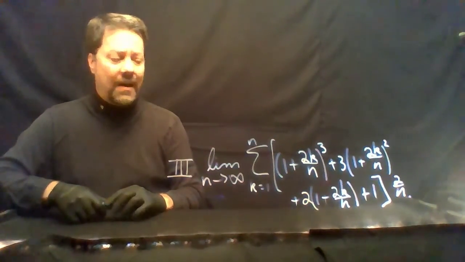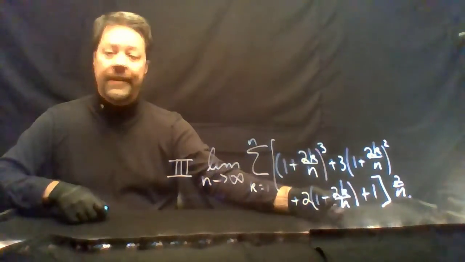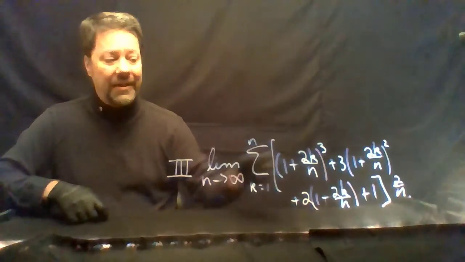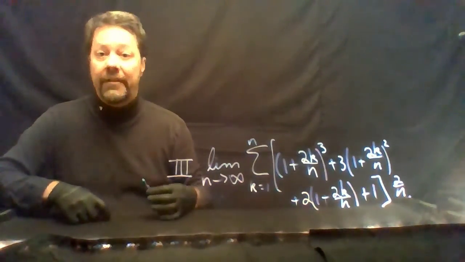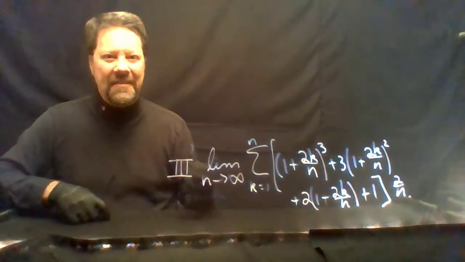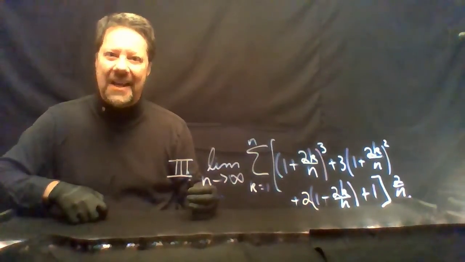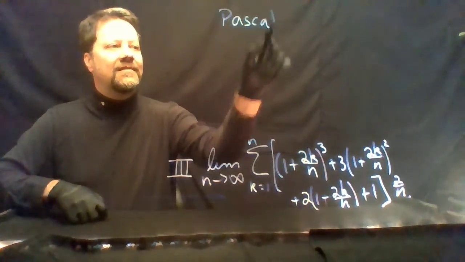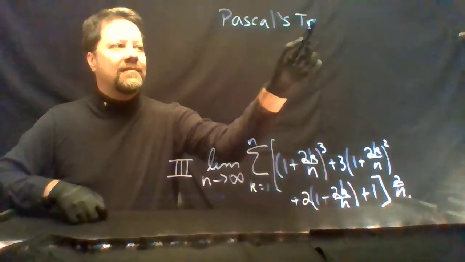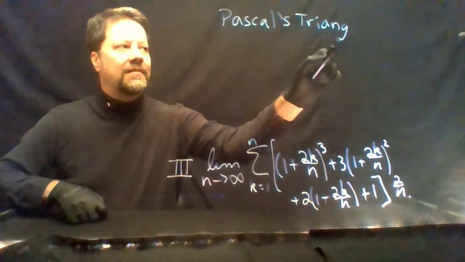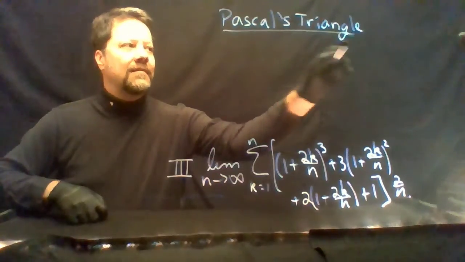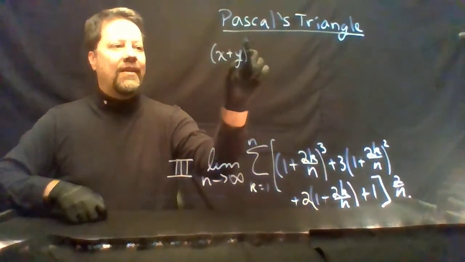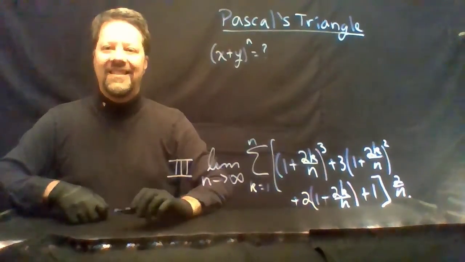To complete this computation, we're going to have to FOIL everything out. In particular, you need to know how to evaluate the cube of a binomial. For that, you need to remember Pascal's triangle. If I have x plus y to the power n, what do I get?